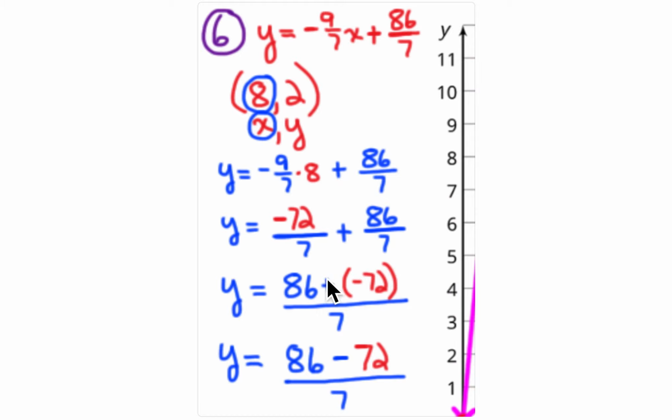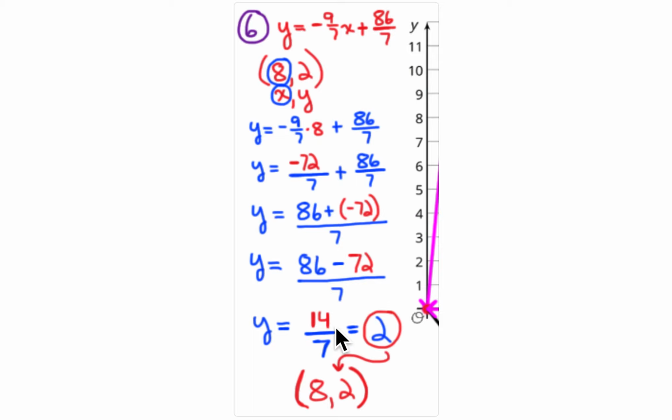It is the number of things that you have. Forget about the sign. Subtract them. You're going to end up with 14. And this is going to be a positive 14 because you have more positives than negatives. Well, 14 sevenths is equal to 2. So when the x value is 8, the y value is 2. So this works.